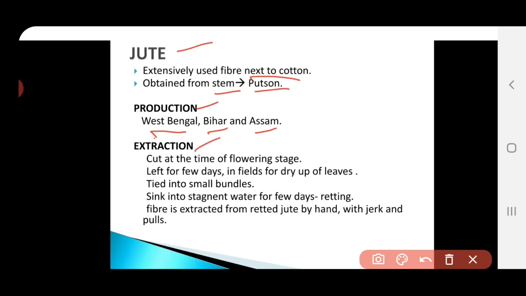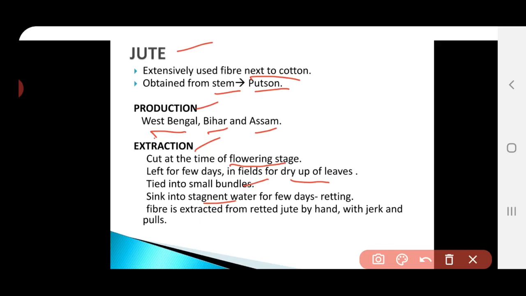Extraction, what are the processes involved? First, the jute plant has to be cut at the timing of the flowering stage. After cutting, it has to be left in the field for a few days for drying up of leaves and tied into small bundles. Then sink into stagnant water for a few days.